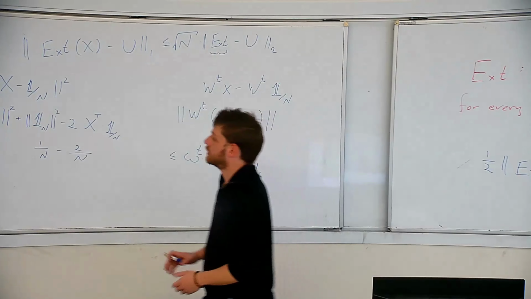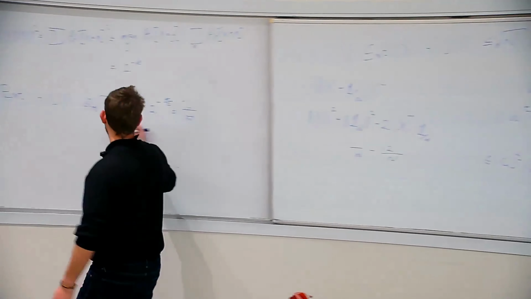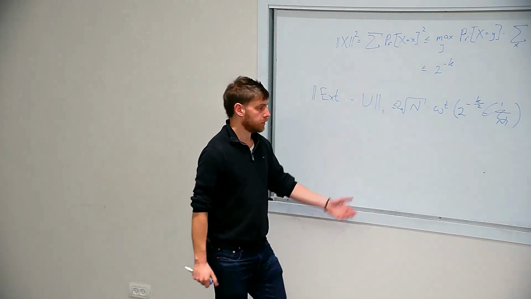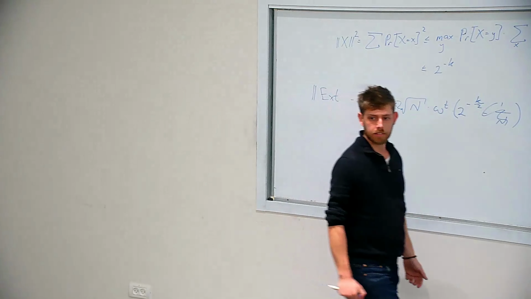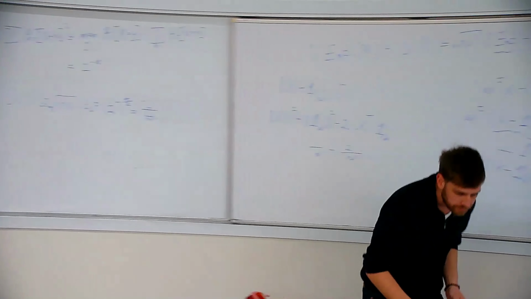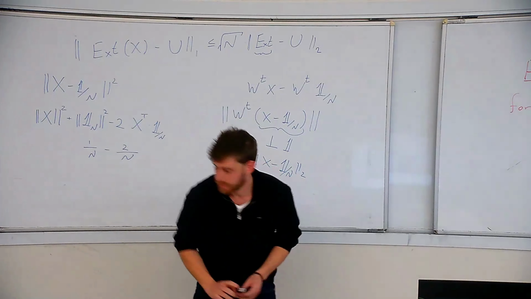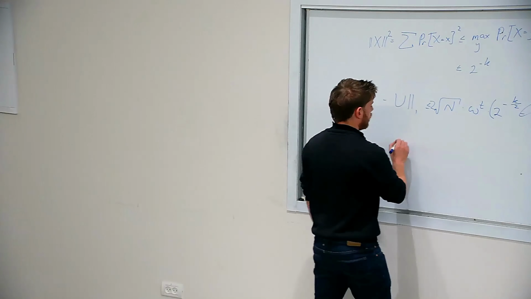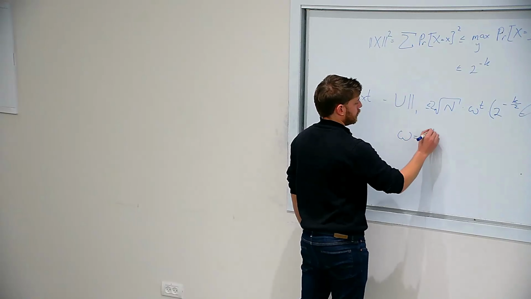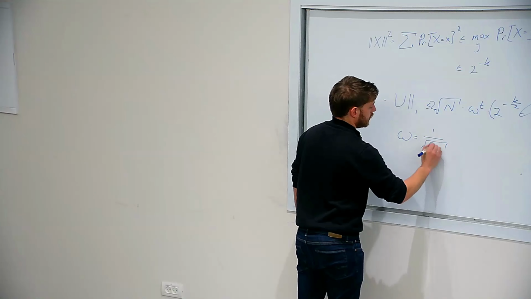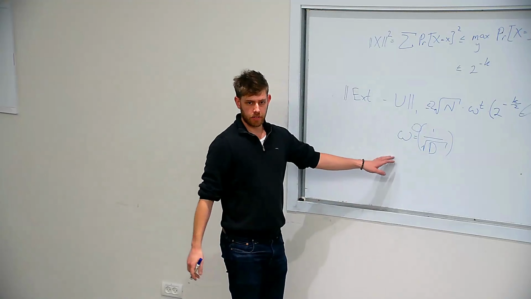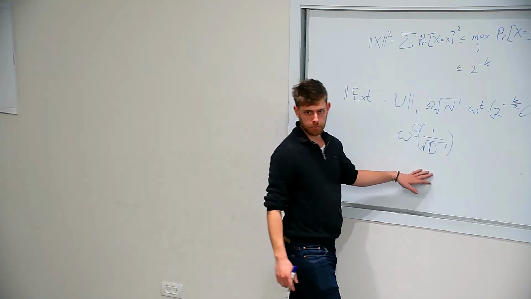Okay, so this is the error of the extractor, right? Yes, so now let's work out the parameters. Okay, so omega equals 1 over square root order. Okay, because this is the best expander you can expect.